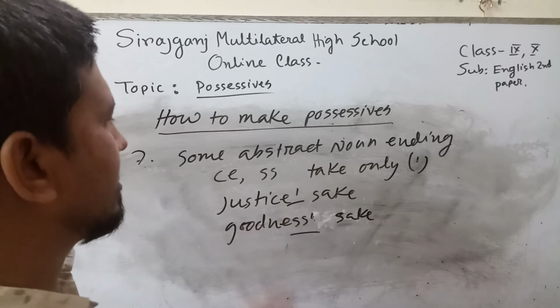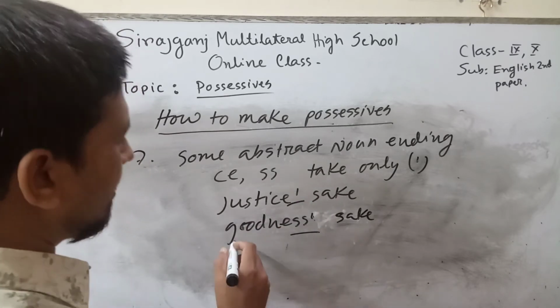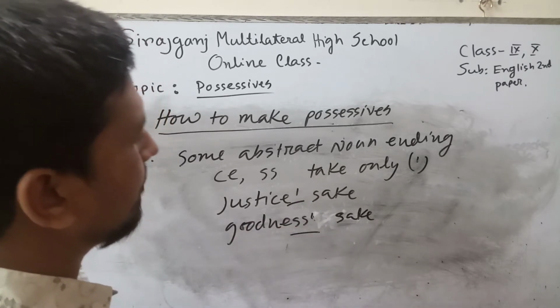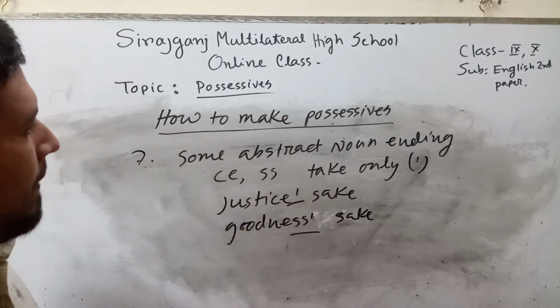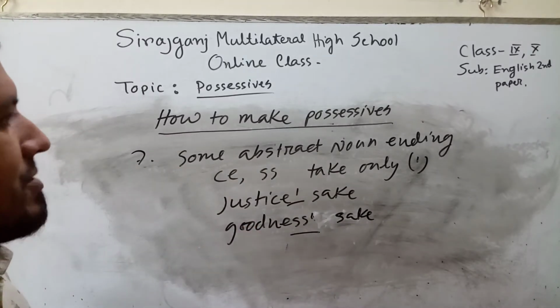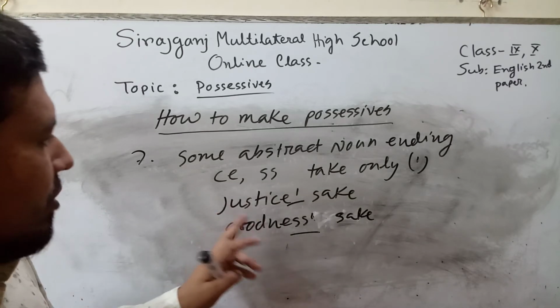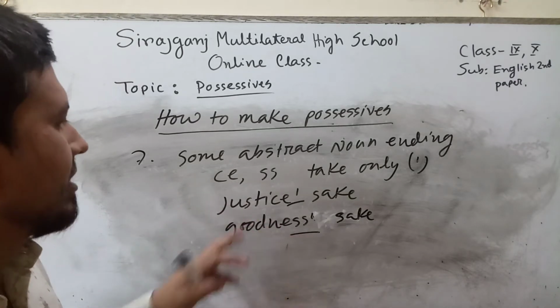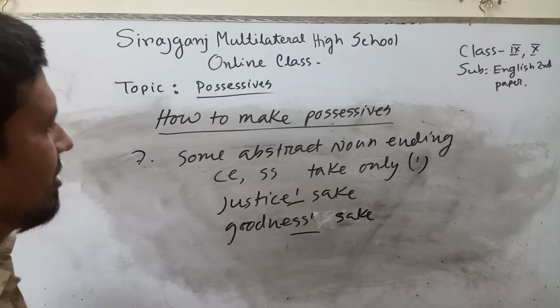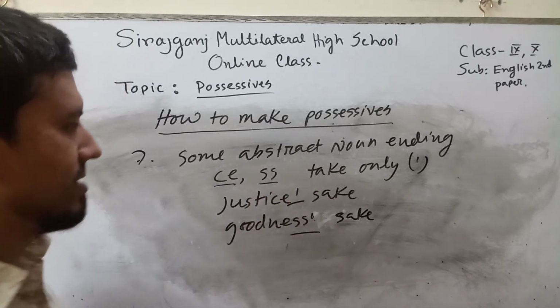You see, justice takes only an apostrophe and goodness takes only an apostrophe. These are examples of abstract nouns. So they take only an apostrophe because they end with CE and SS.